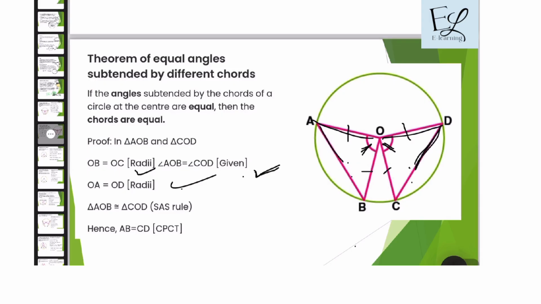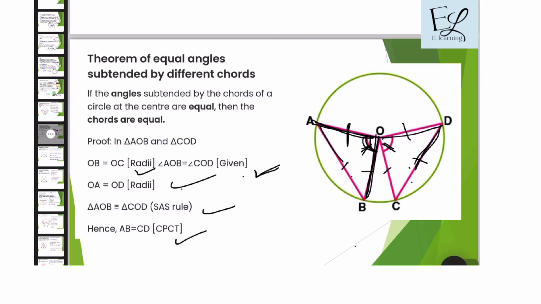By which rule? Side, angle, side. So this is the SAS rule. Now we have proved these two triangles are equal by SAS, so we can say that AB and CD will be equal by CPCT.